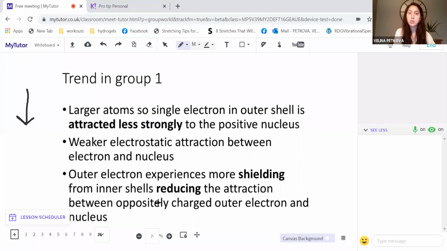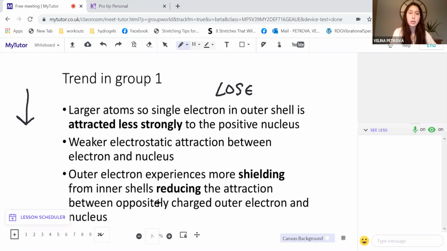So the single electron in its outer shell that we are losing is far less attracted to the positive nucleus. Okay, so there's a much weaker attraction between this outer electron and the positive nucleus. So because of these weaker electrostatic attractions between the electron and nucleus, we lose the electron much more easily.